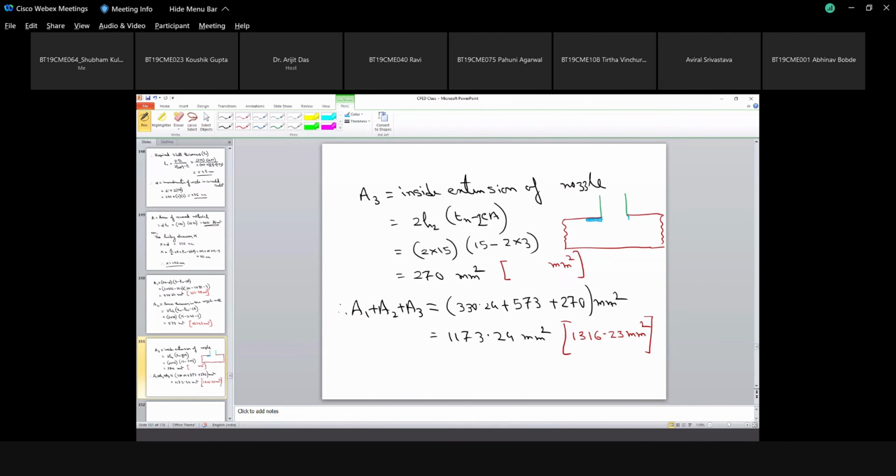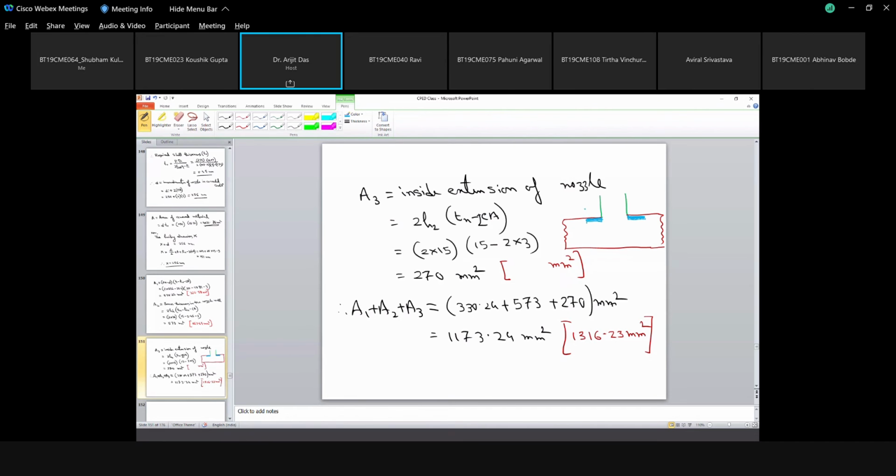You are giving more cross-sectional area. I am drawing it a little bit thicker for understanding. It's not like that.